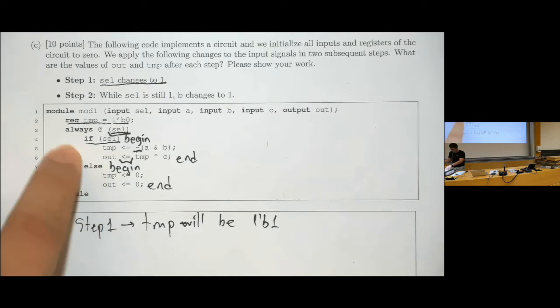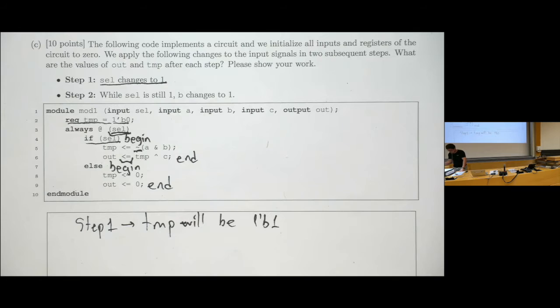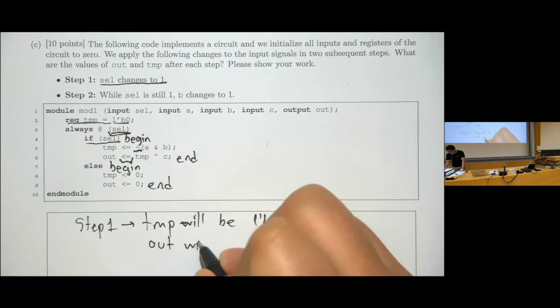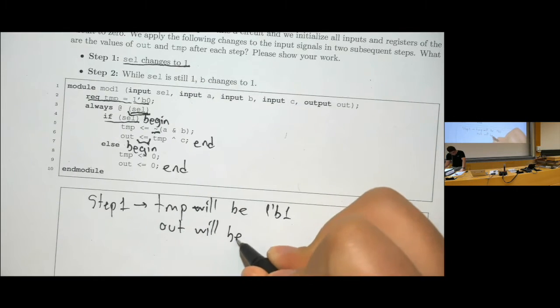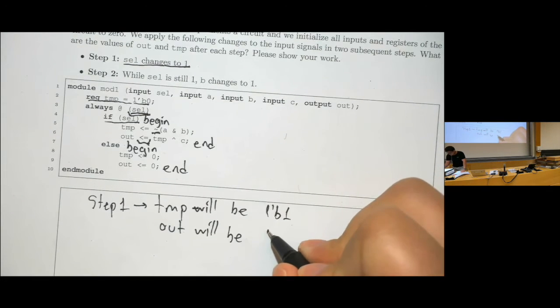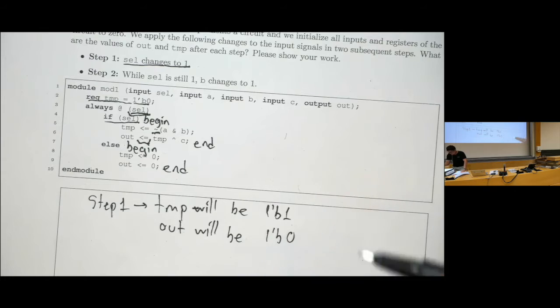Yeah, because temp is in the beginning 0, it will operate on that value, which is 0, and then XOR that with C, which is also 0, and 0 XOR 0 is 0, so out will be 0. Let me double check if there's something wrong. It's 1 bit, and it's going to be 0.